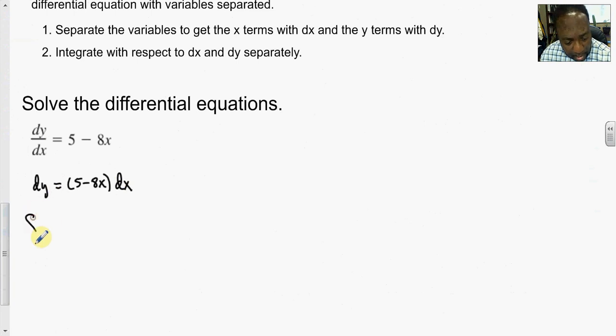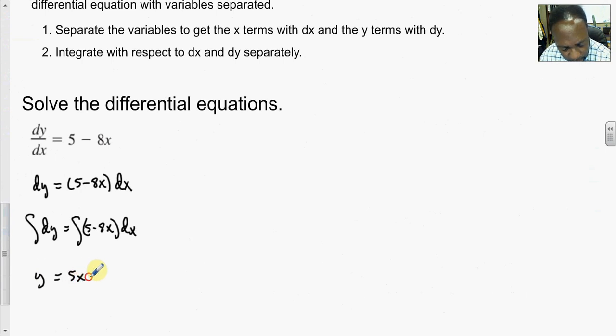Now we integrate both sides. So this gives us y is equal to 5x minus, you integrate the 8x, you get 8x squared divided by 2, which ends up with 4x squared, and then plus some constant c.